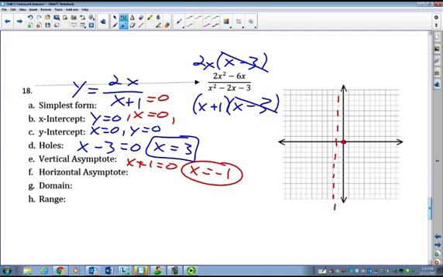The horizontal asymptote: it looks like here in both cases, the powers are the same with the original and with the simplest form, and they both have the number 2 over the number 1. So 2 over 1. And so that means our horizontal asymptote is just going to be y equals 2. So we go ahead and do a horizontal asymptote at y equals 2.